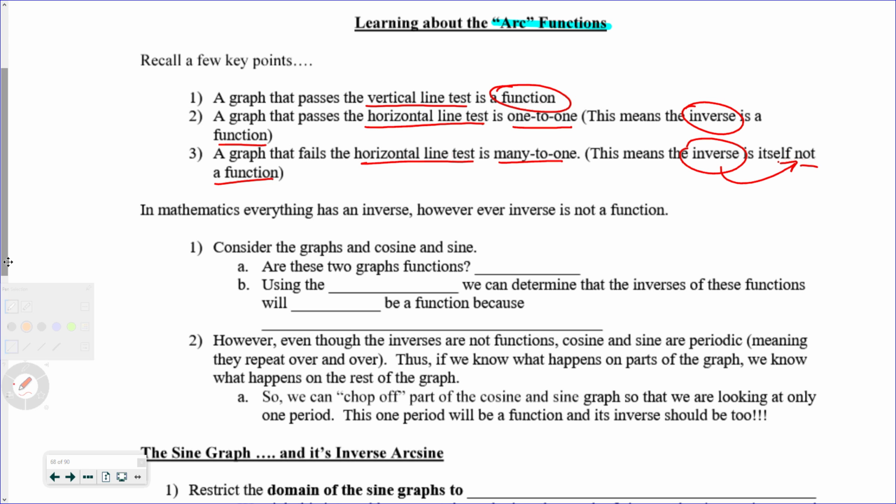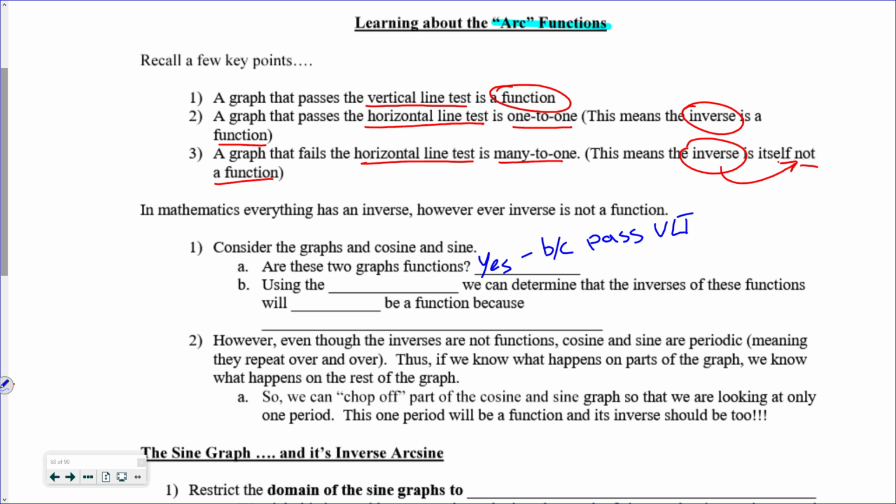Let's apply this to our trig graphs now. So sine and cosine, are these graphs functions? I'm hoping that you came up with yes, because they pass the vertical line test. And can we tell if they are going to have inverses that are functions?